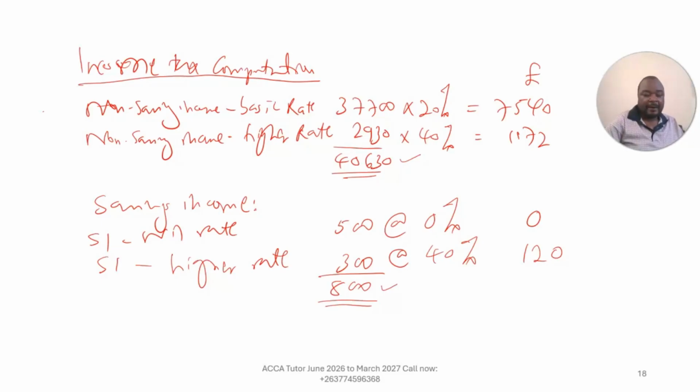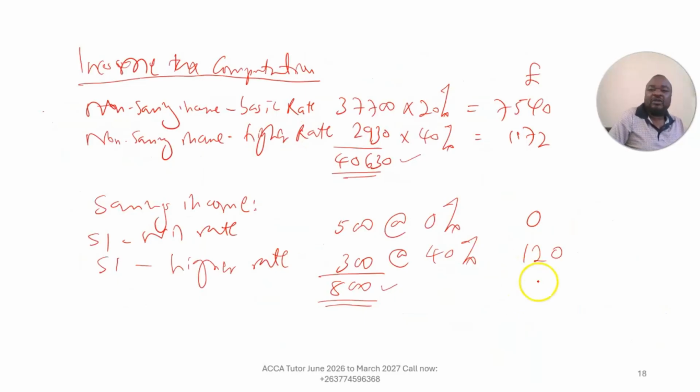Let me just cross-check: 4,630 plus 800. Obviously, 6 plus 8, that's 14. So that's 41,430. Yes, that's the figure we are talking about.